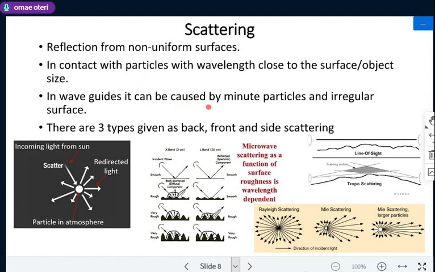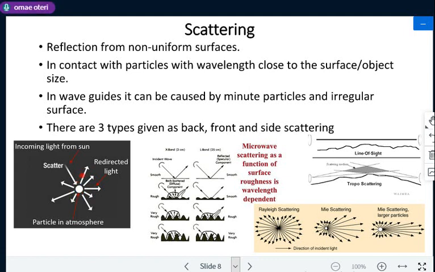So there are a number of scattering types that we have. We have back scattering, front scattering, and also side scattering. When you have an obstacle, I can take this example of the diagram indicated here.